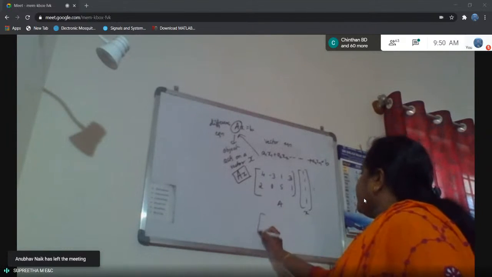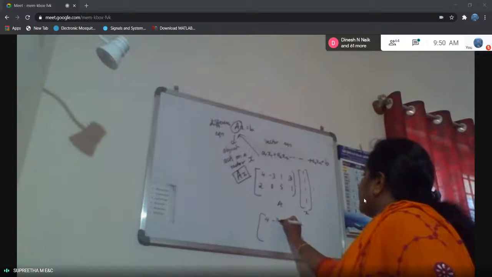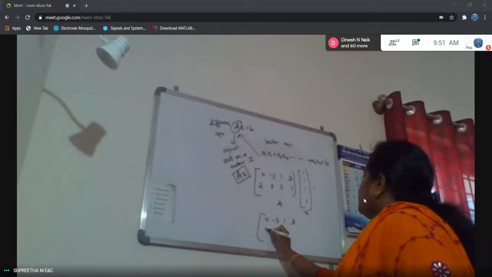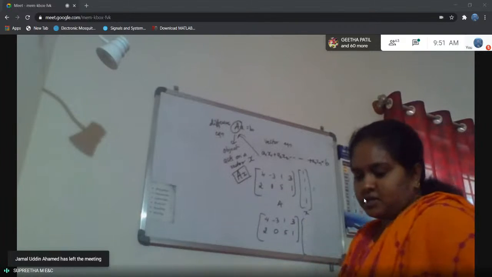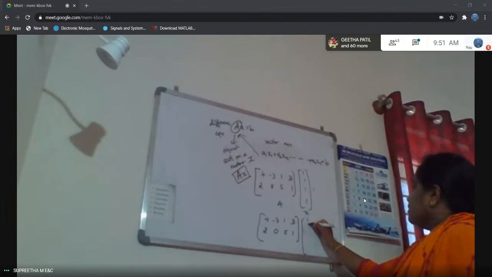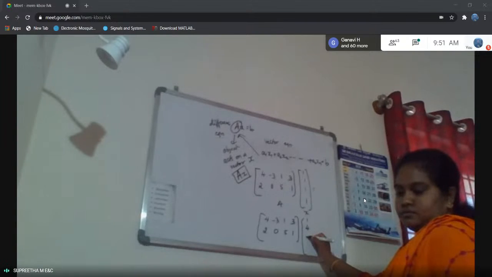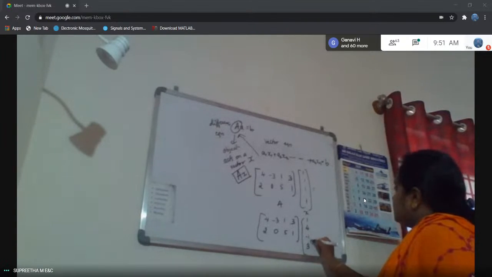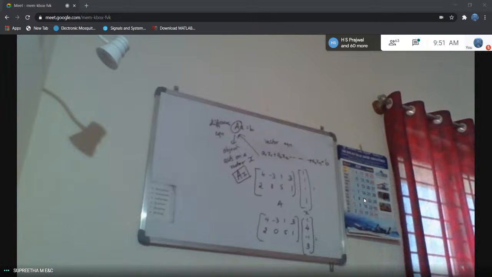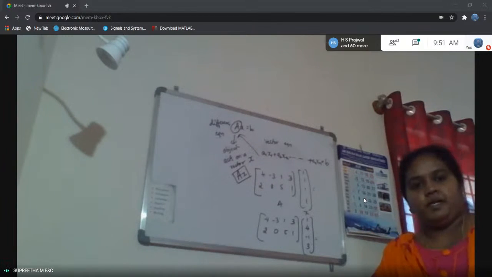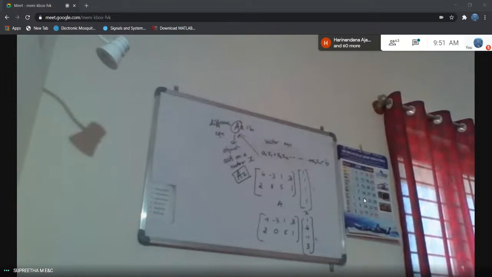Similarly, I take the same A, 4, minus 3, 1; 3, 2, 0; 5 and 1, multiplied with the vector 1, 4, minus 1 and 3. Can you tell me the resultant vectors quickly? It is just matrix multiplication.